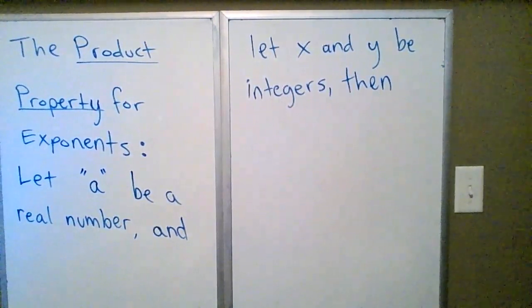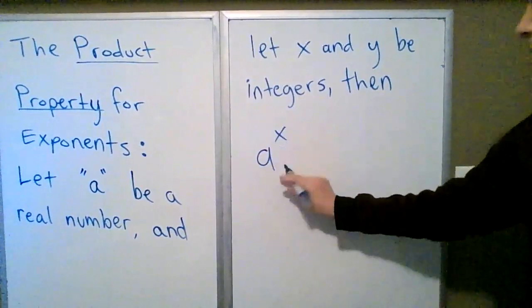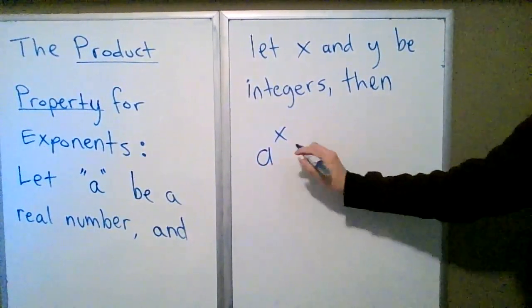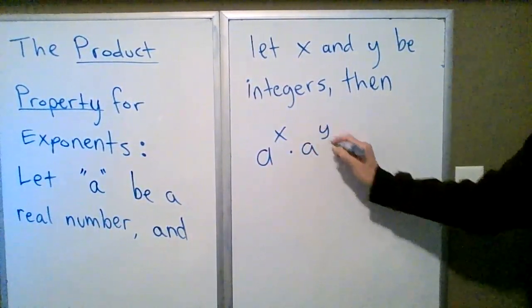Okay, then the rule is to have a to the x multiplied with a to the y. It's a lowercase a with an exponent of x multiplied with lowercase a to the power y.